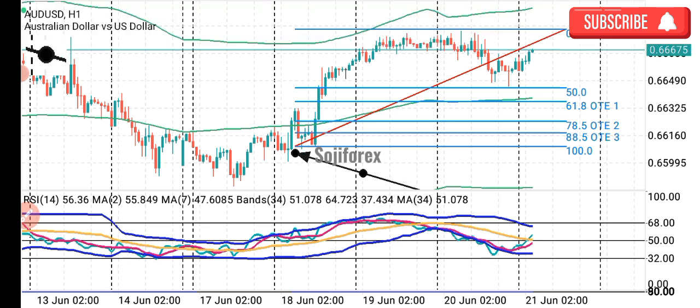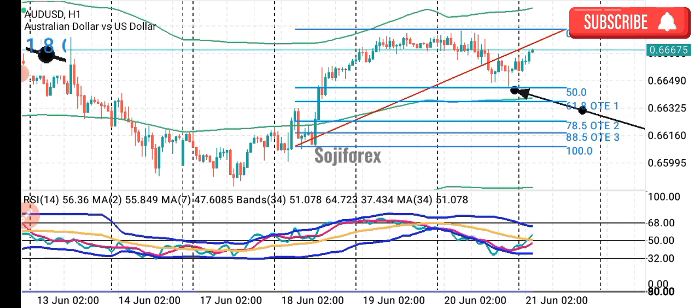Why I am doing this is because price has already broken to the upside. So I already have confirmation that it has reversed from a downtrend to an uptrend. Price pulled back, and I remember we said from the 50 level of the Fibonacci we can look for entry.